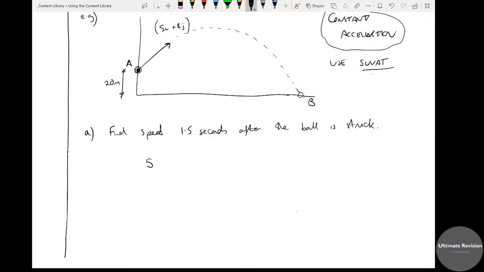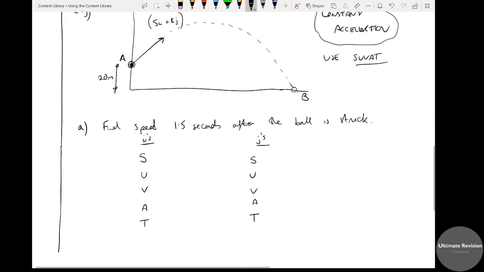Well, we can do a Suvat for the i's, and we can do a Suvat for the j's. Now I'm going to start with the j motion, that's the up and down. Now after 1.5 seconds we don't know where it's going to end up. We know the initial speed is 8.